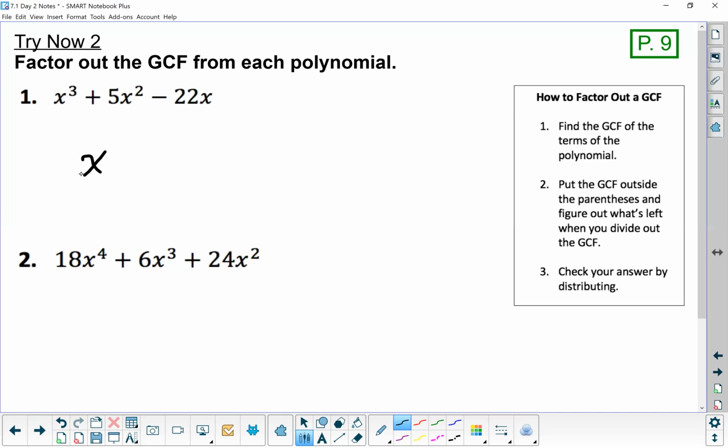Then we need to check, do we have a number that's the greatest common factor? So if we look at our coefficients, we have a 1, a 5, and a 22. Is there a number other than 1 that evenly divides into 1, 5, and 22?